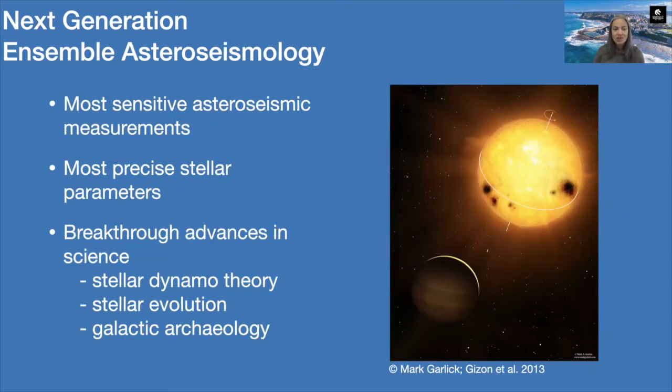So this could lead to some really sensitive astroseismic measurements and the most precise stellar parameters that have been retrieved so far, potentially leading to breakthrough advances, not just in stellar dynamo theory, but stellar evolution and galactic archaeology.